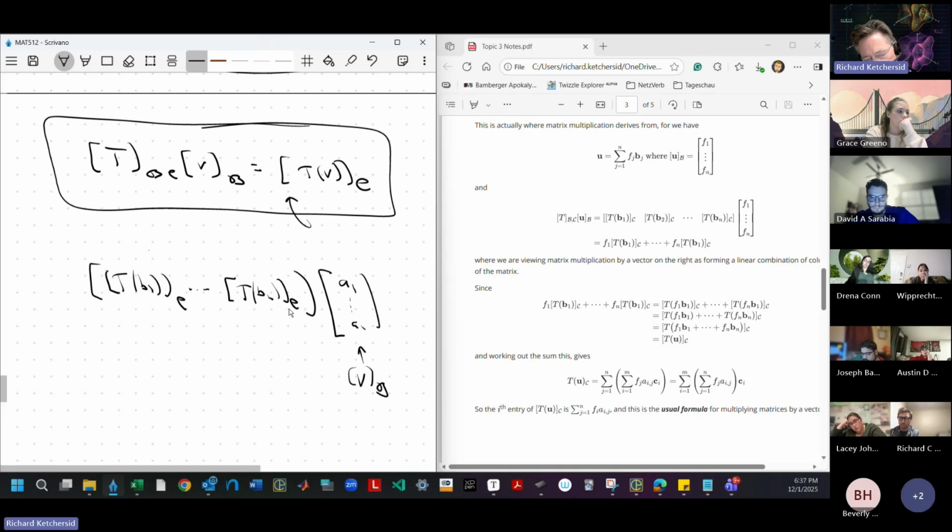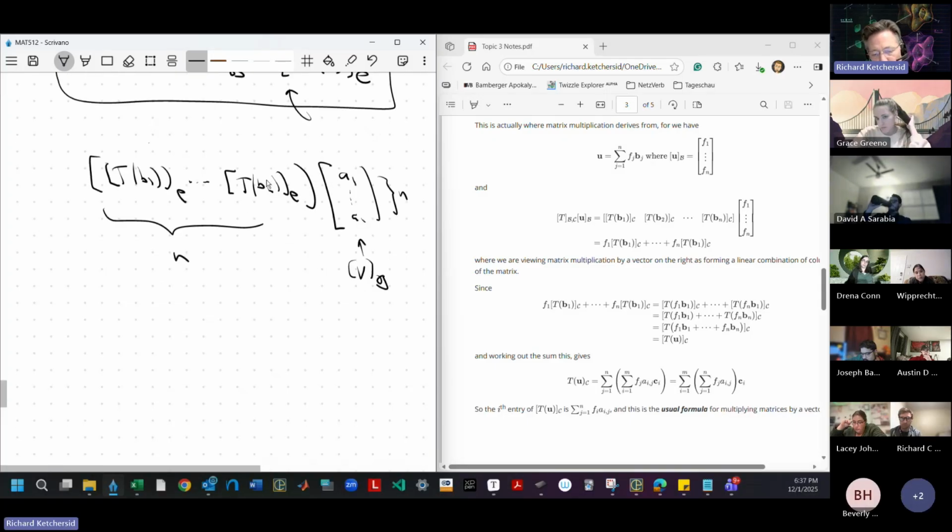There's n many things in the basis B, right? So there's n many entries here, right? So there are n things across here and n things here, right? And so there's lots of different ways to define matrix multiplication, but here the important one is when I'm taking a matrix and multiplying by a vector, it's really just taking the linear combination of these vectors.